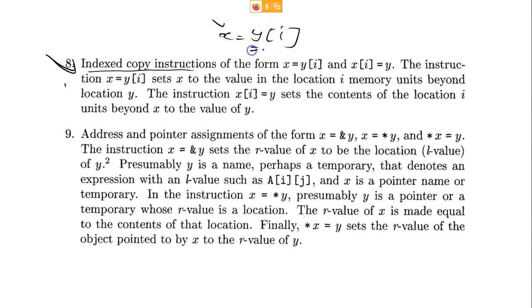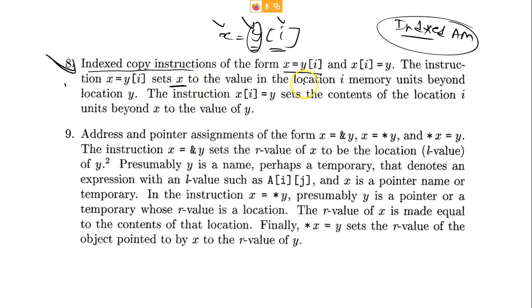This means that y is some address, and i, because you already know the indexed addressing mode. In indexed addressing mode we have some address, this is the base address, and this is the displacement. So what is the meaning of x = y[i]?